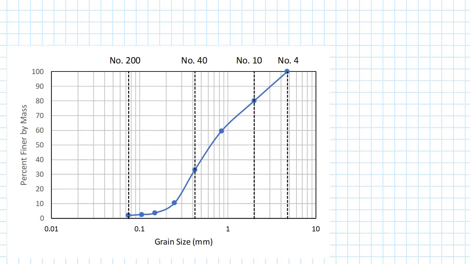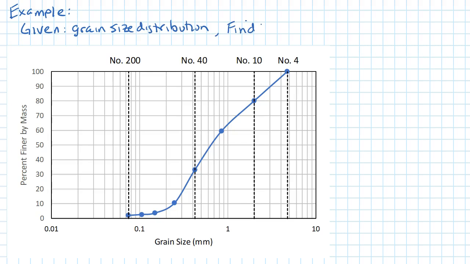So the next thing we want to do is work on another example using the data from the grain size distribution that we looked at previously. We have our grain size distribution given to us, and now we want to find the coefficient of uniformity and the coefficient of curvature.